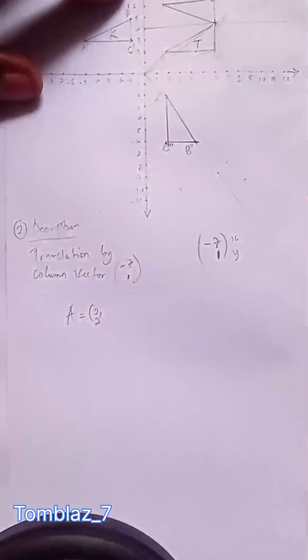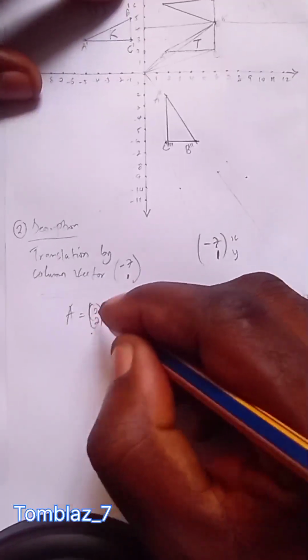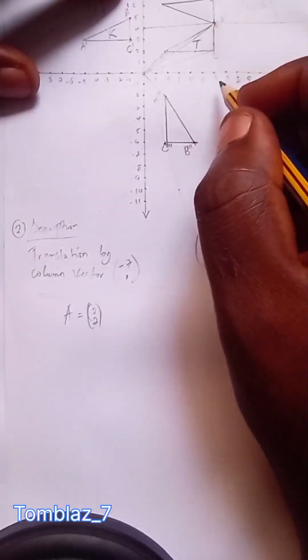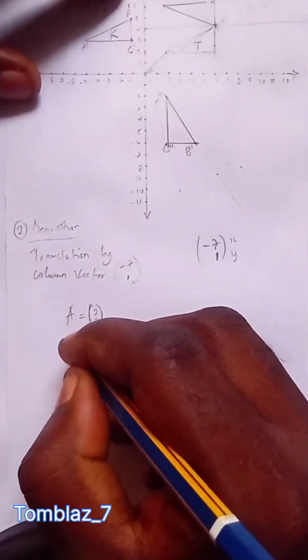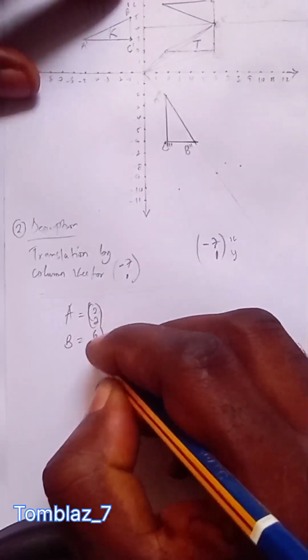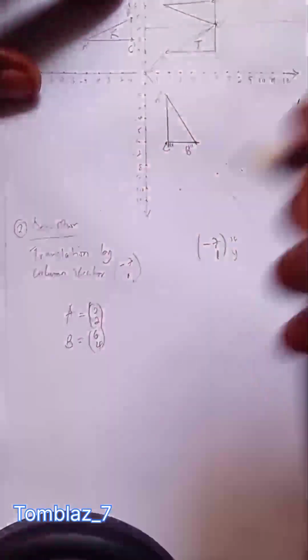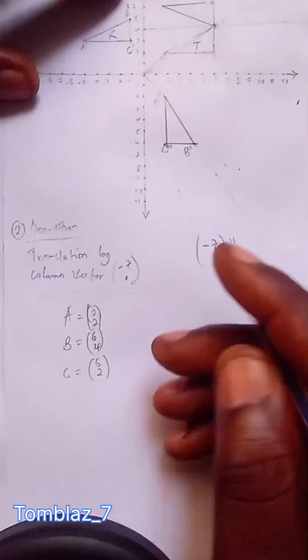So we can arrange it this way because we want to use it for enlargement, so we can put it as a vector. Then for B we have 6, 4. Then for C we have 6 and 2.